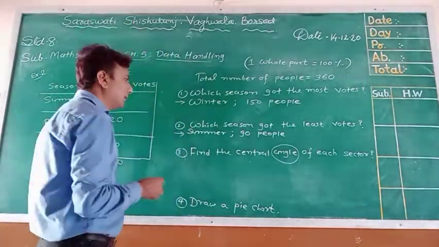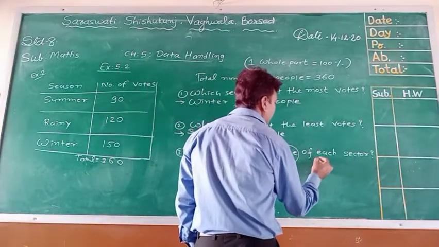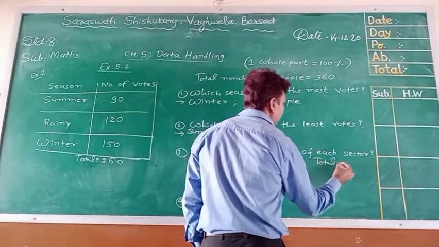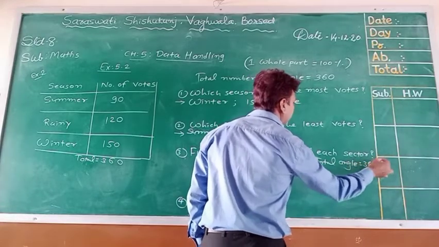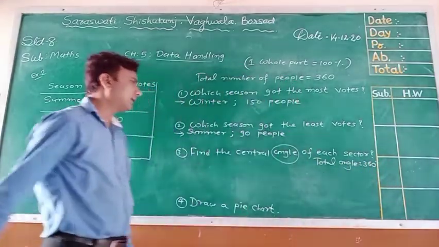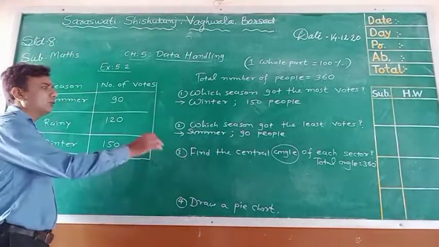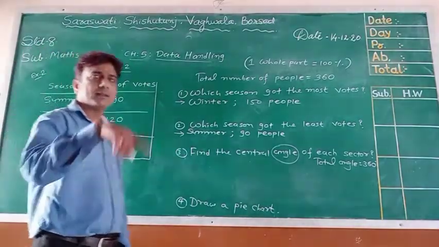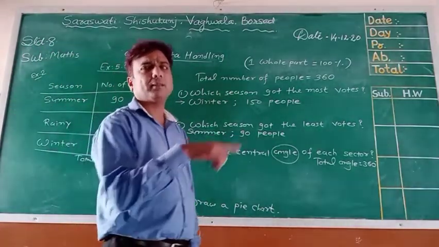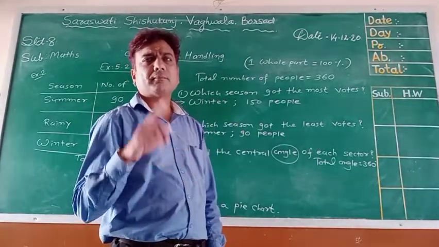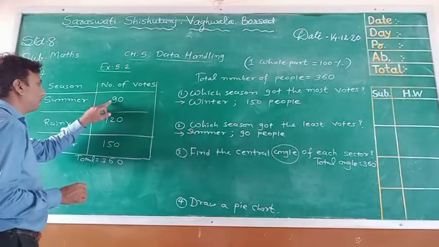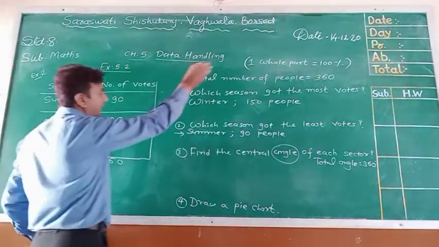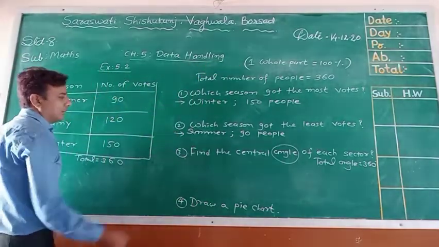We know that the total angle is 360 degrees. So the total angle means the whole circle; if we go round one circle, that is 360 degrees.